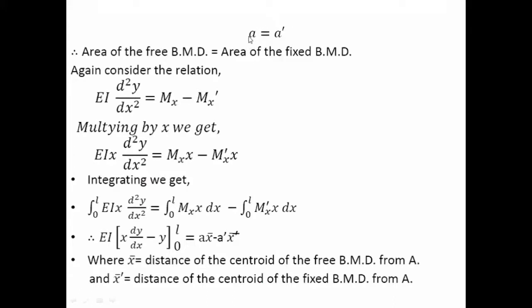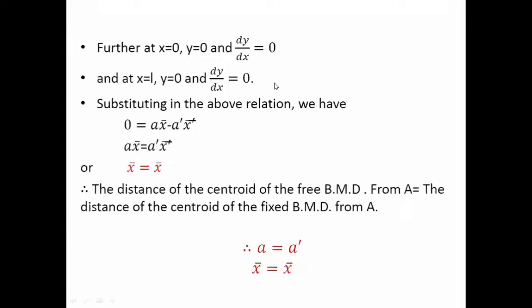So we have struck off A and A dash from both sides. What remains is x bar equal to x dash bar. It means the centroidal distance of the free BMD from A is equal to the centroidal distance of the fixed BMD from A.